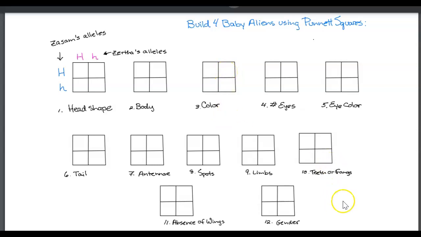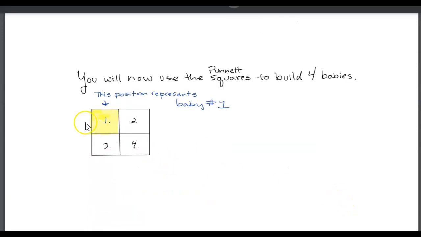So you have 4 babies in the end. This is just sort of the guide. This square is always representing baby number 1, baby number 2, baby number 3, and baby number 4. So you're going to draw those 4 babies from that data. And I hope that helps.